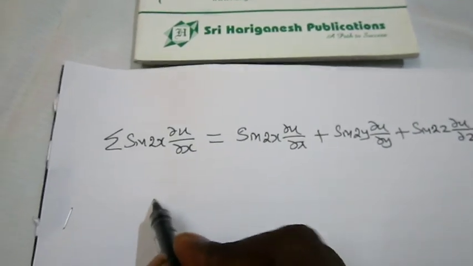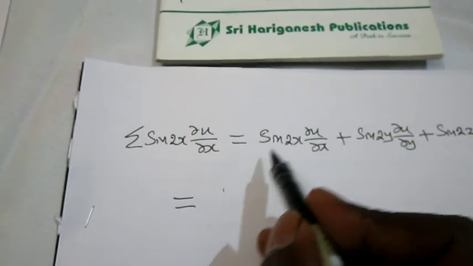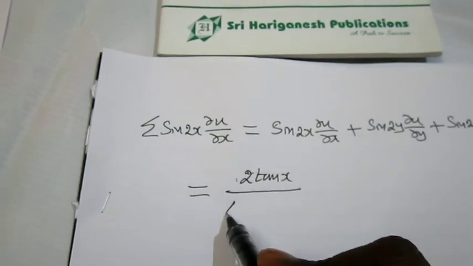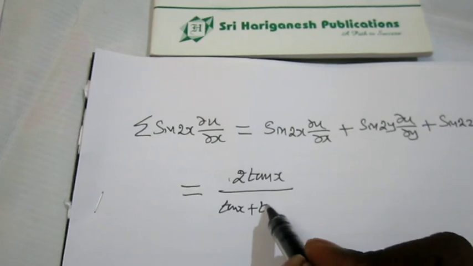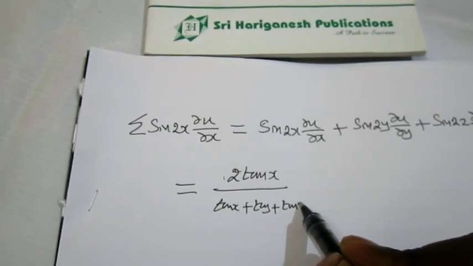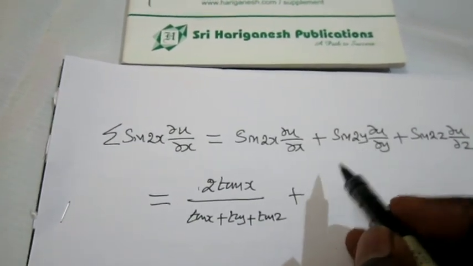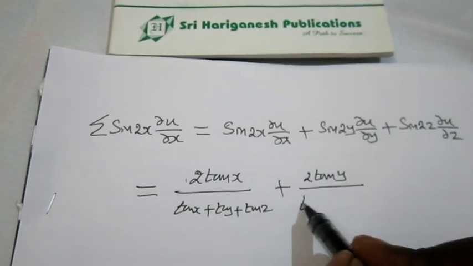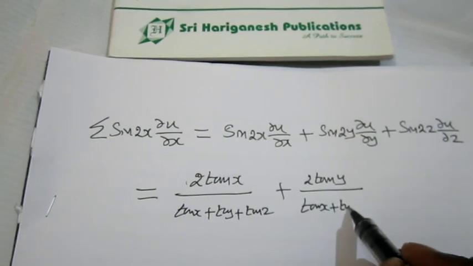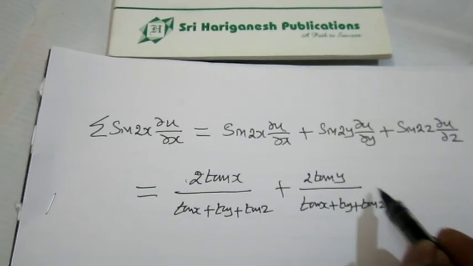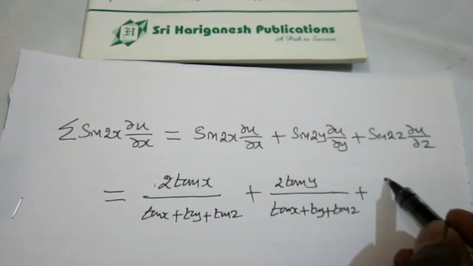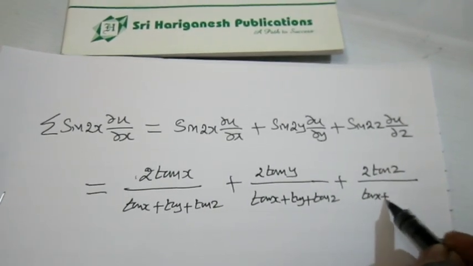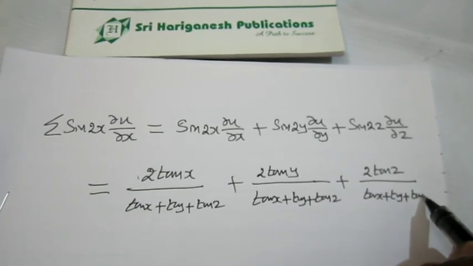So we found all three values. The first value is 2 tan x divided by tan x plus tan y plus tan z, plus for the y term it is 2 tan y divided by tan x plus tan y plus tan z. The last z term is also 2 tan z divided by tan x plus tan y plus tan z.